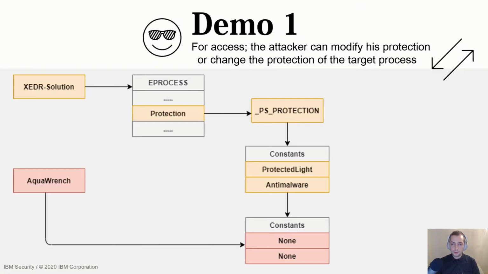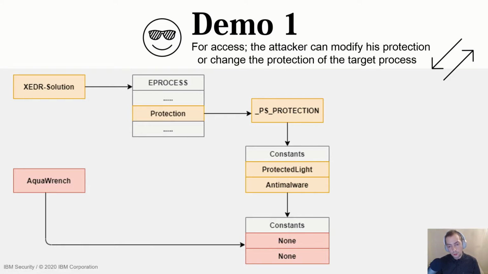Okay, so for the first demo, maybe we should explain this first. In this case, we have a process X EDR solution, and X EDR solution has an E process structure in the kernel.